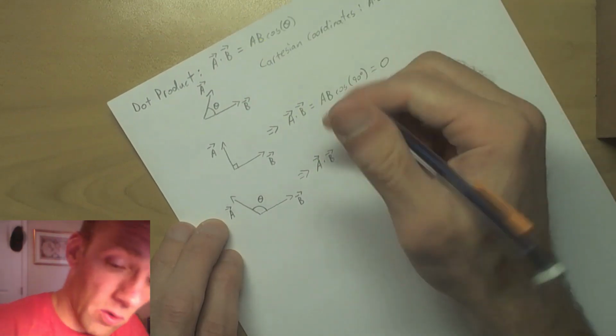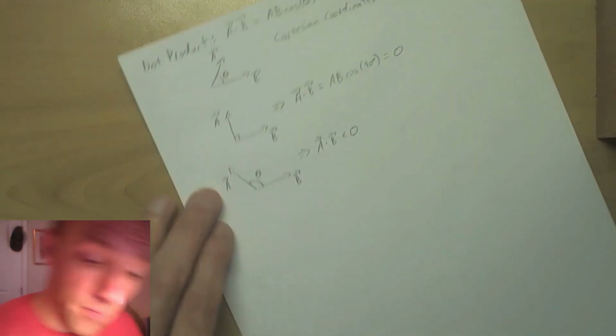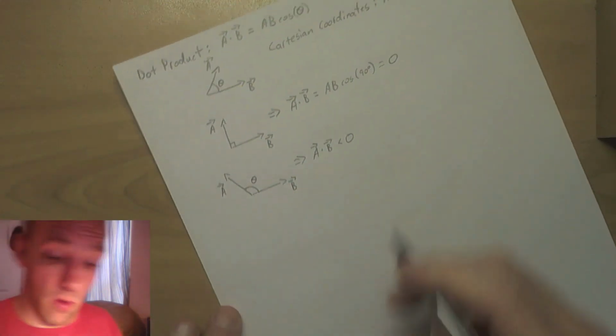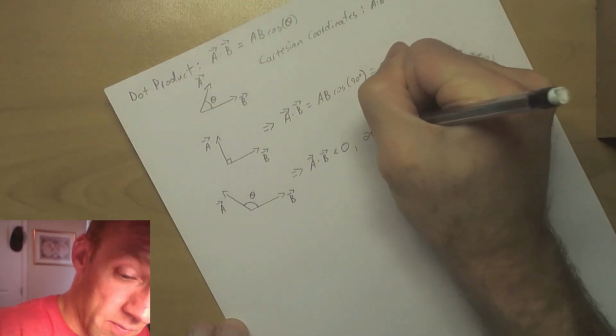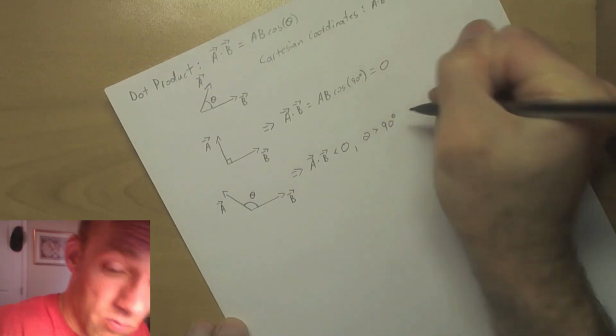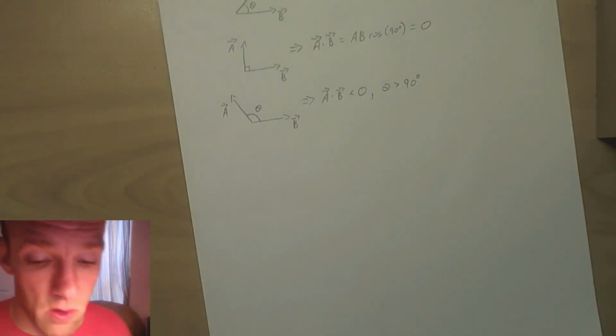It gives a negative number. So that's when theta is greater than 90 degrees. Okay.